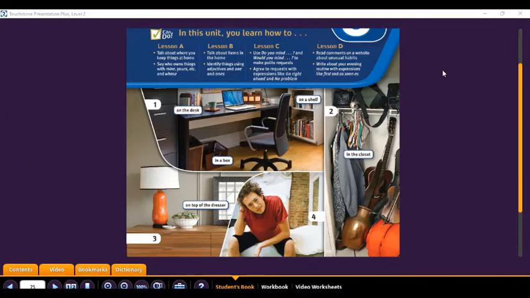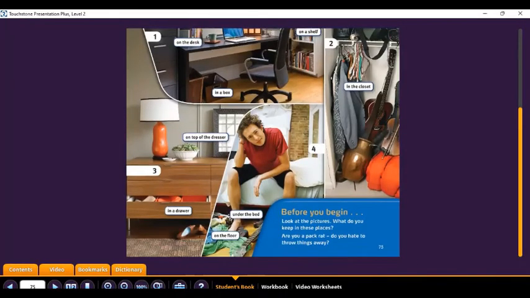Okay, number three. Who has number three? I'm not sure. But I think I say the three. There is a lamp on top of the dresser, flowers, I don't know what it is, and a mirror.